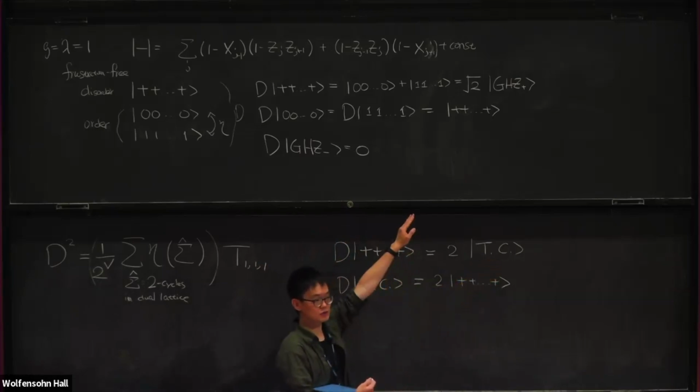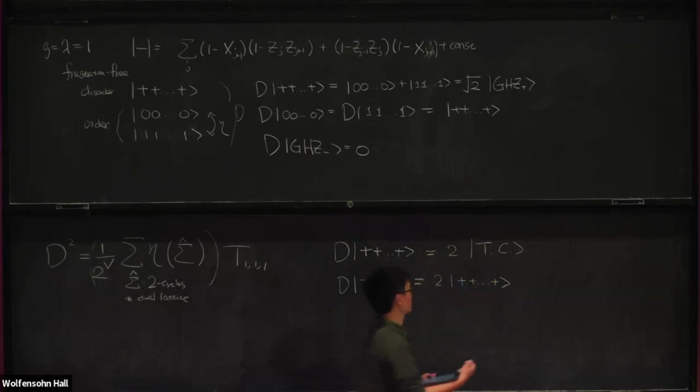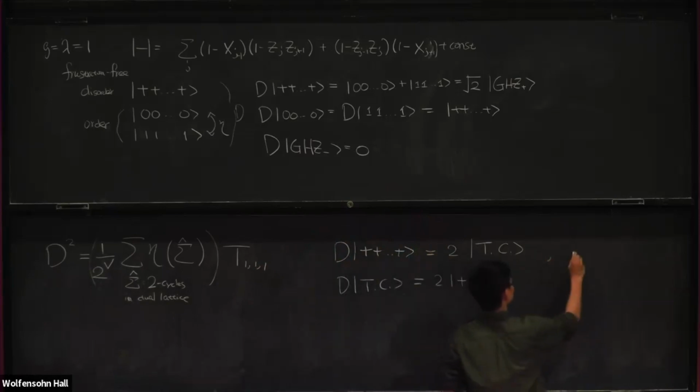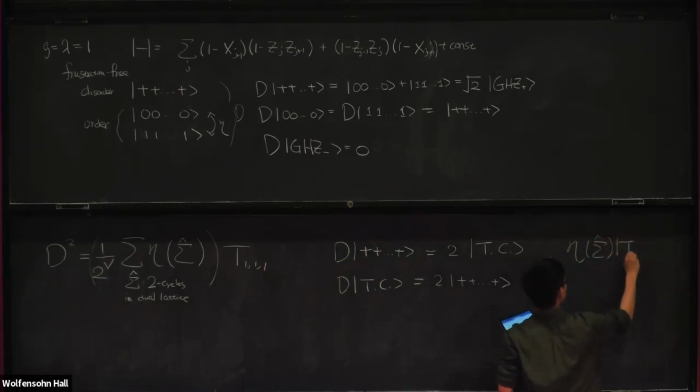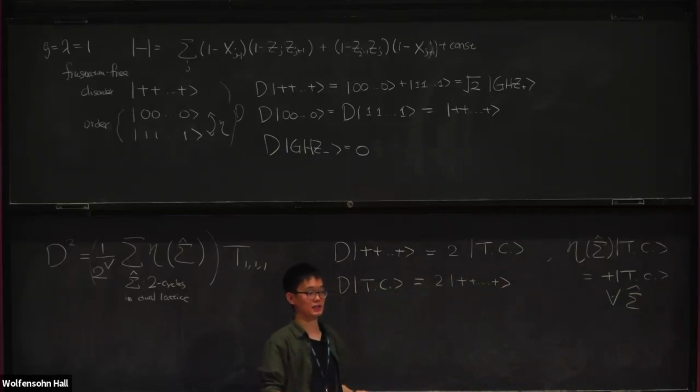The distinguishing feature of the GHZ state is that it's an eigenstate of the Z2 one-form symmetry. And by the same reasoning, here you pick the toric code ground state such that eta has positive eigenvalues for all choices of the 2 cycles. So it's the ground state that diagonalizes all the one-form symmetries.